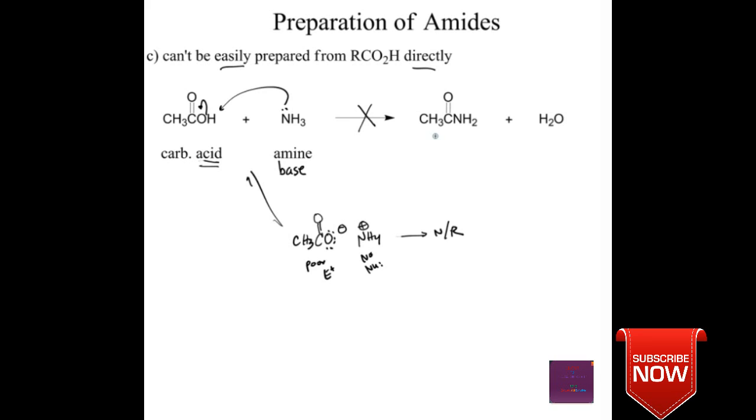First, you convert this into a good leaving group by using SOCl2. First, make the acid chloride. And now you can throw in that amine and make the amide. So it's just going to take an extra step. The way we make an amide is from an acid chloride rather than a carboxylic acid.